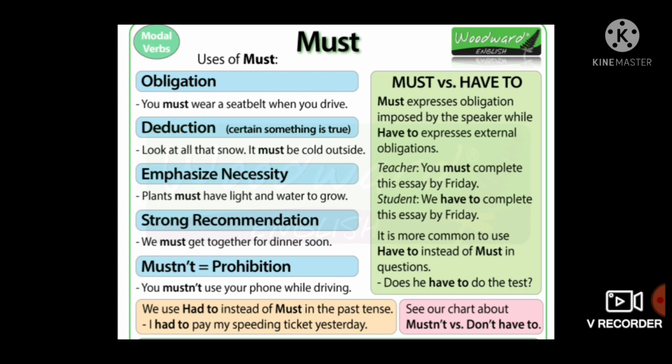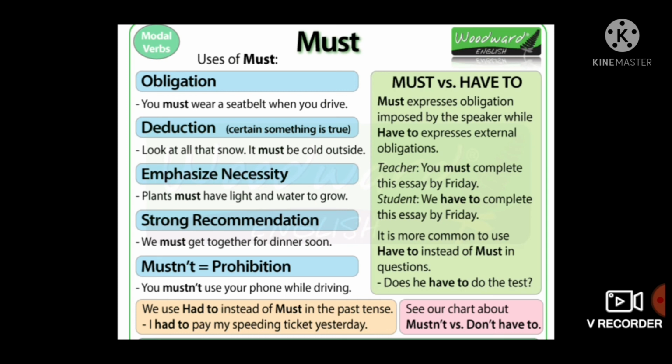Then, look at the box. Must and have to. The must expresses obligation imposed by the speaker while have to expresses external obligation. It's almost the same thing, same meaning. The teacher: You must complete this essay by Friday. It's a compulsory one. The student: We have to complete this essay by Friday.